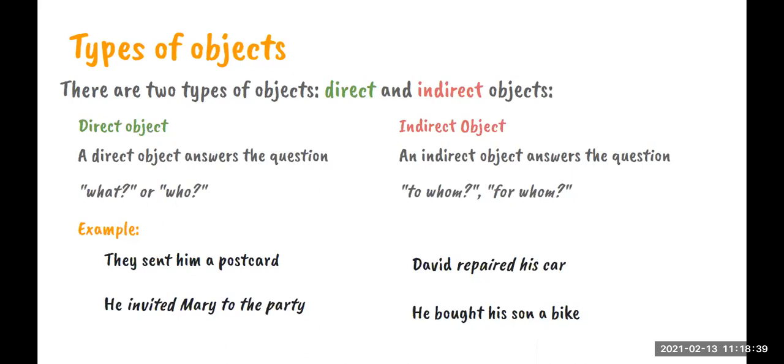Because it answers the question who sent him a postcard, whom. Okay, it's not very clear. Let's see. Genesis, please. Yes, teacher. It's a direct object because it's what they do. They send him a postcard.